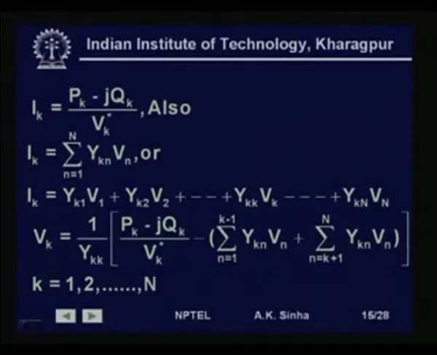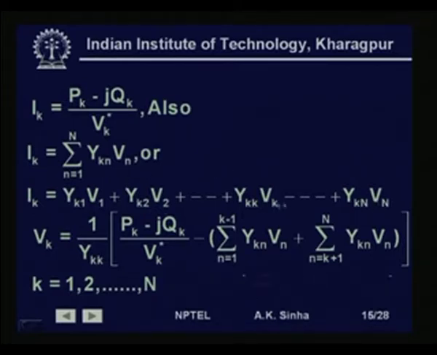Therefore, we can write I k is equal to P k minus j Q k divided by V k conjugate. Also, we know I k is equal to summation Y k n V n, which we can write as I k is equal to Y k 1 V 1 plus Y k 2 V 2 plus so on, Y k k V k, plus so on up to Y k n V n.